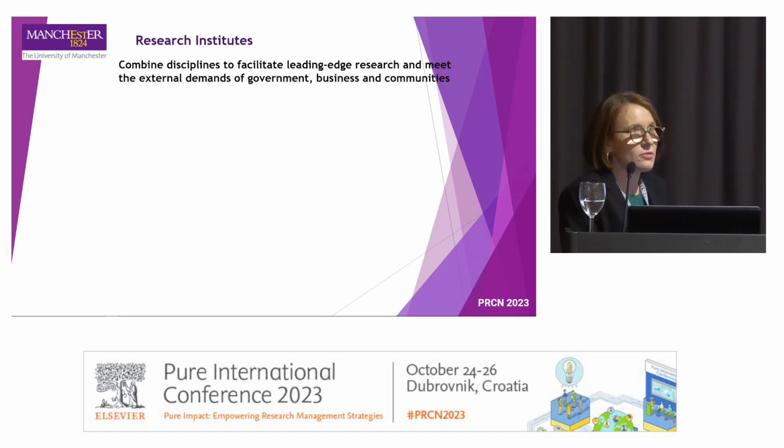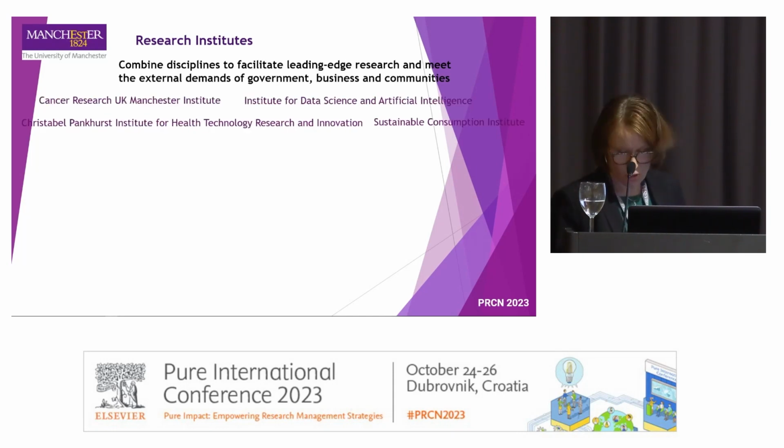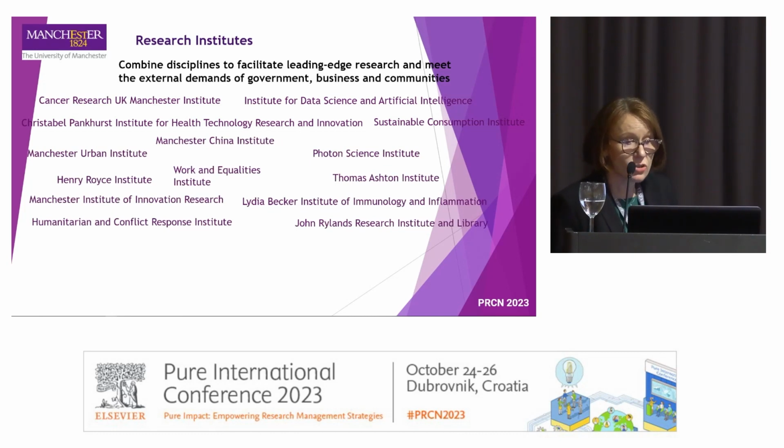We have 21 research institutes at the University of Manchester, and they do the interdisciplinary research, they combine disciplines and facilitate our leading edge research. I'm just listing them here slowly, because there are so many, some of which are actually national institutes.